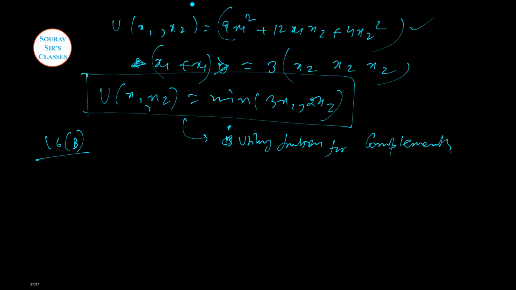Now we are going for question 17. Here Ria is a girl. After Raju we have Ria. Ria has a demand function for mango juice given by Q equal to 0.02M minus 2P, where M is the income and P is the price.